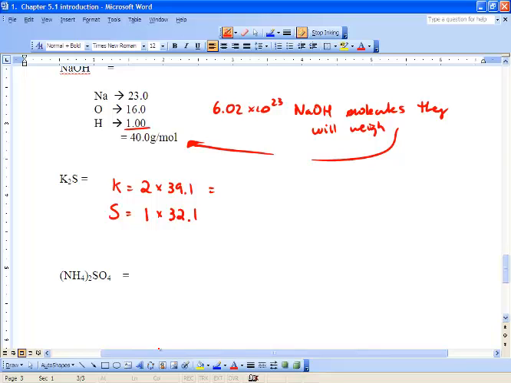We do our little multiplication here, and we get 78.2. And over here we get 32.1. We add these up, and we get 110.3 grams per mole. So if we have 6.02 times 10 to the 23 molecules of potassium sulfide, it will weigh 110.3 grams.